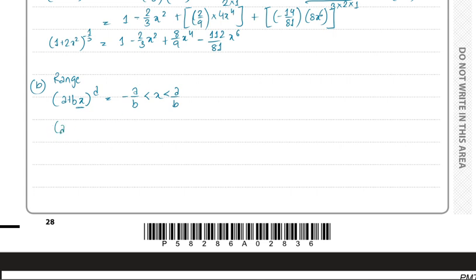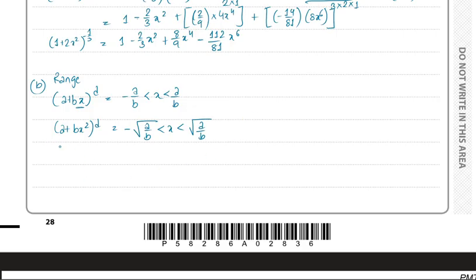And if the expression is in the form of x squared, so (a + bx²)^d, it would be -√(a/b) < x < √(a/b).